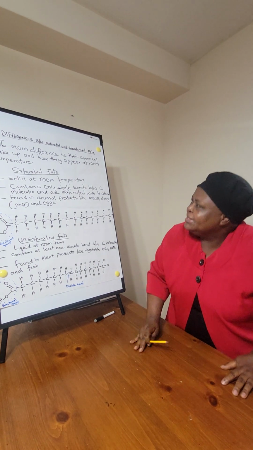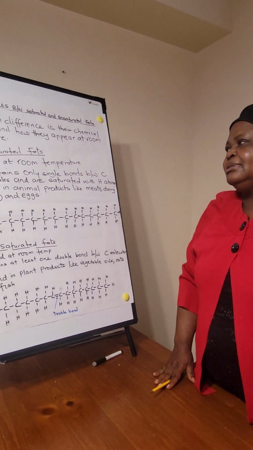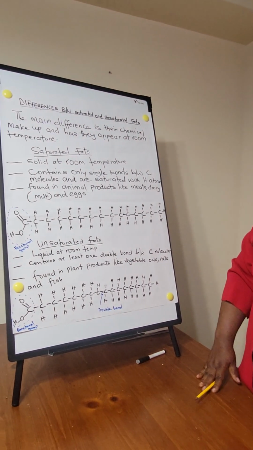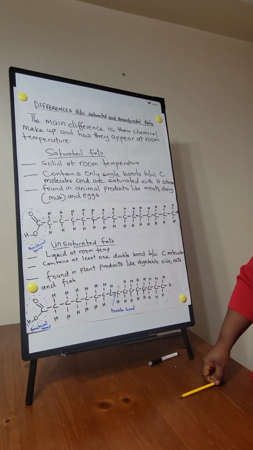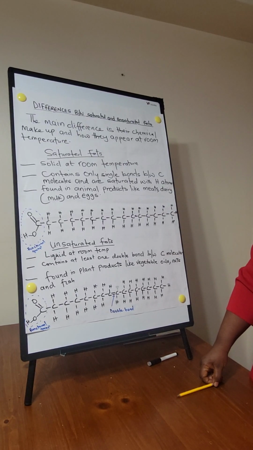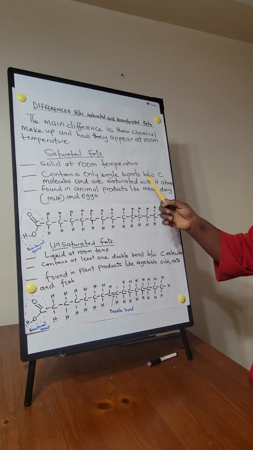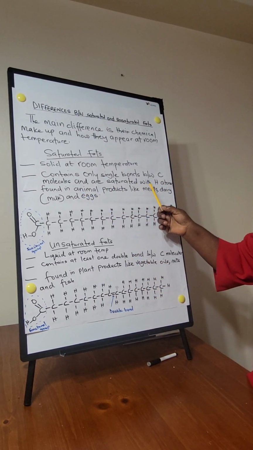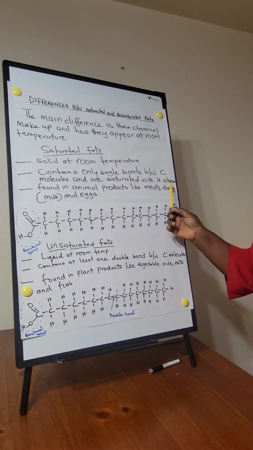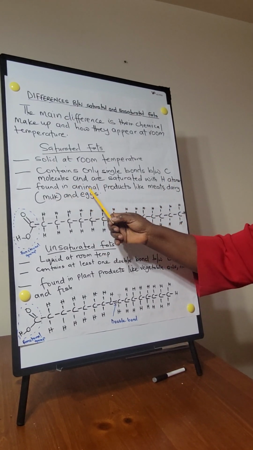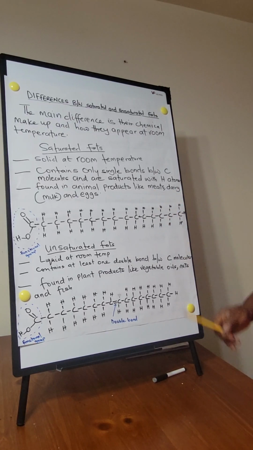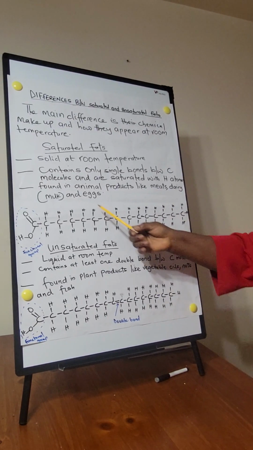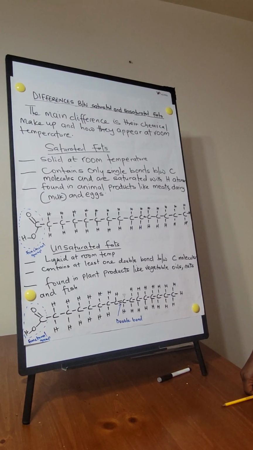Saturated fat at room temperature is solid, and it contains only single bonds between carbon molecules, which are saturated with hydrogen atoms. They are found in animal products like meat, dairy, that's milk, cheese, and all that, and also in eggs.